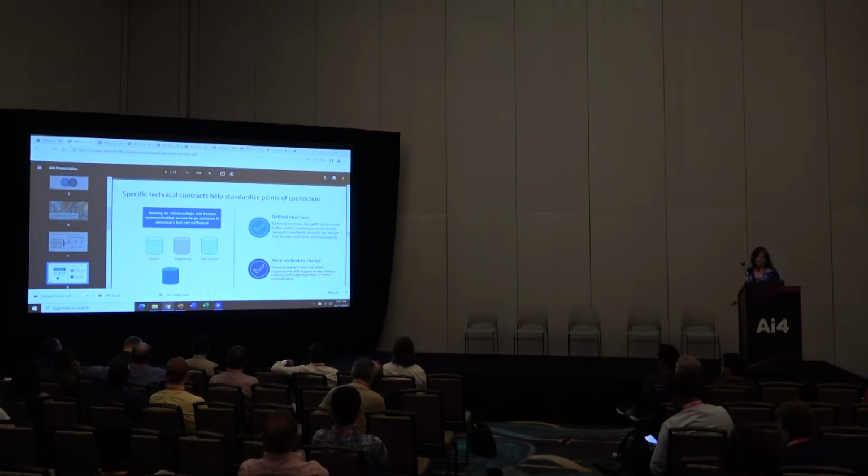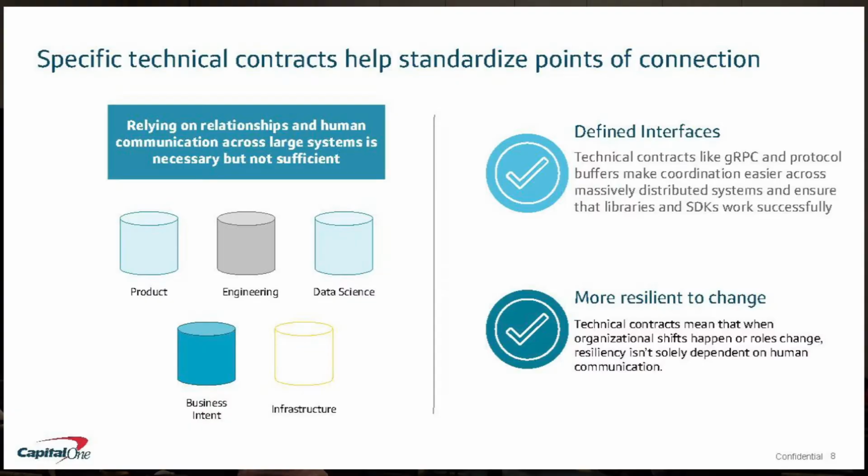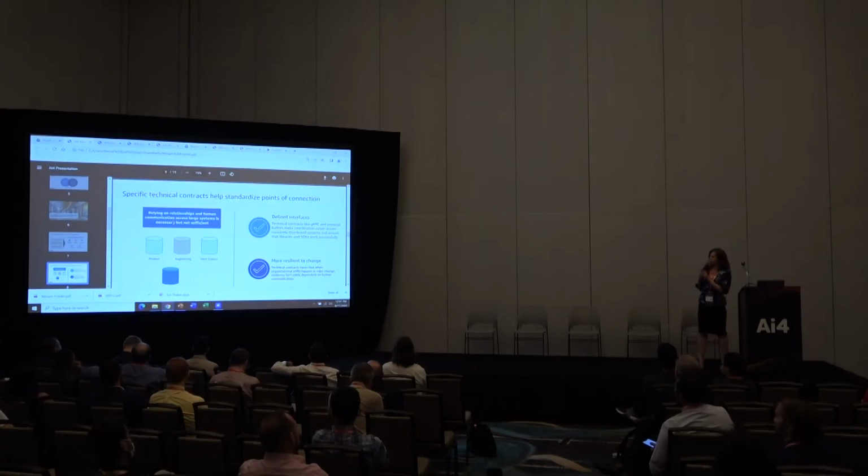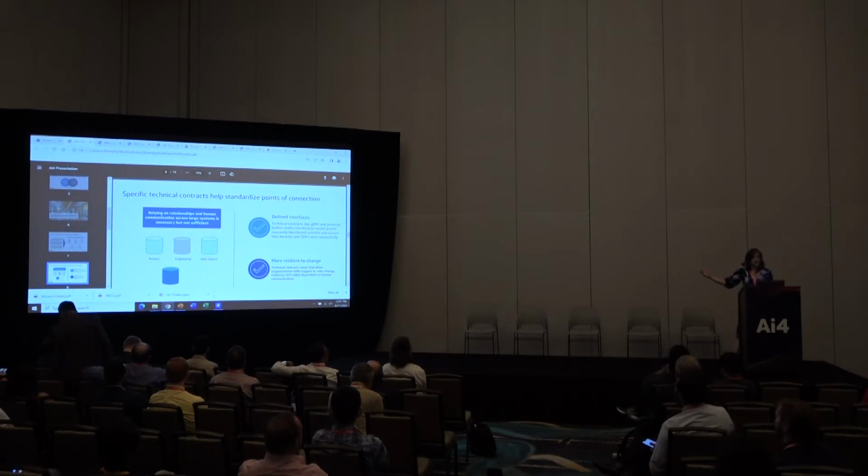And one thing I want to call out specifically is that when you have really specific technical contracts between all of these different elements of your system that you need for success with MLOps, that's going to help you. I'm not saying don't communicate, that's critically important, but if you think about something like protocol buffers, right, which are designed to make coordination easier across these massively distributed systems, that helps enable these different connection points, so you don't necessarily need to rely on the communication.